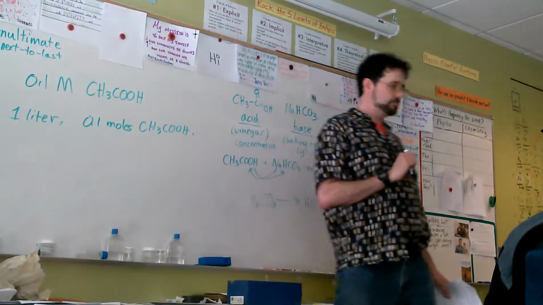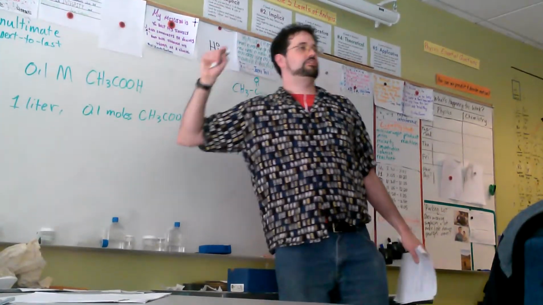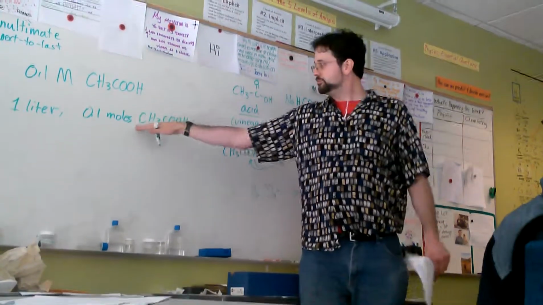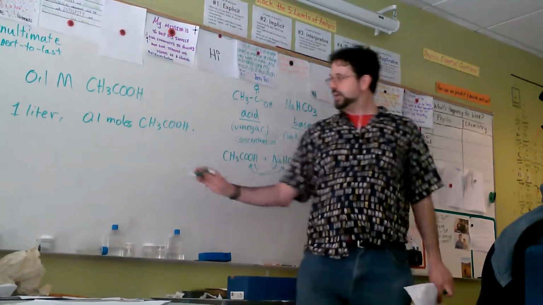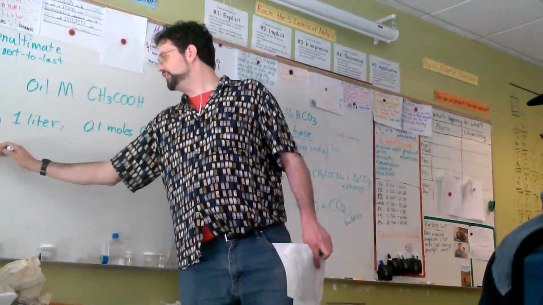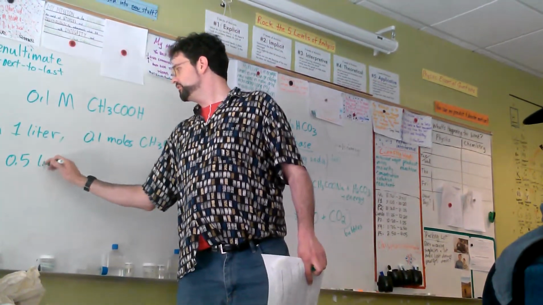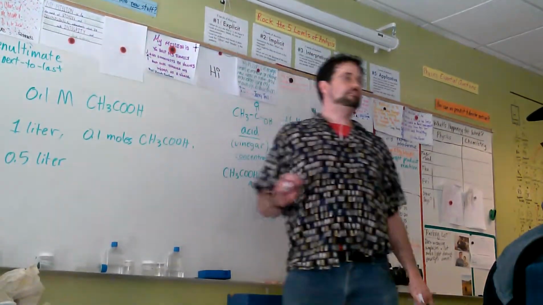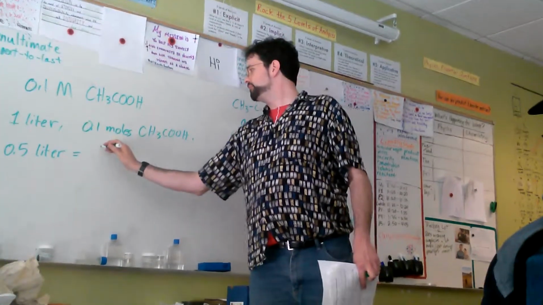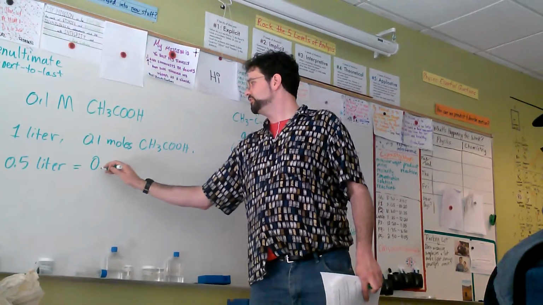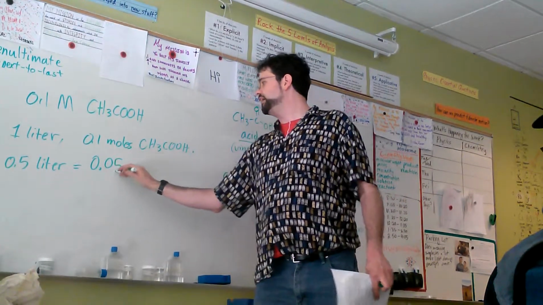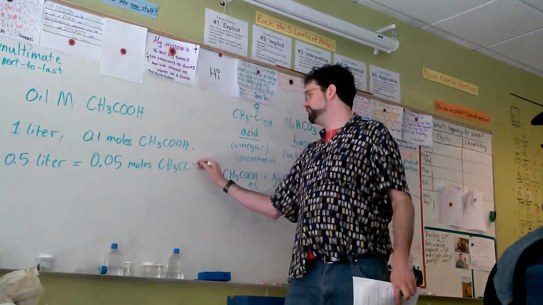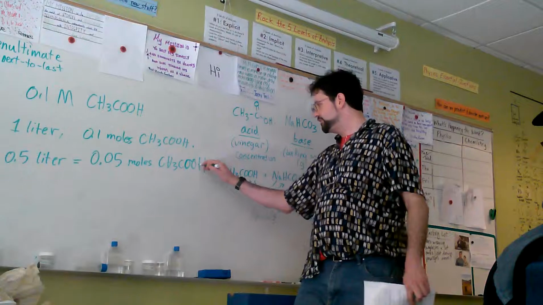in that liter. But because this is a concentration, it doesn't mean you have 0.1 moles in any amount. If I only had half a liter, then I would have to multiply the 0.1 molar by the half liter, and that would give me 0.05 moles of CH3COOH.